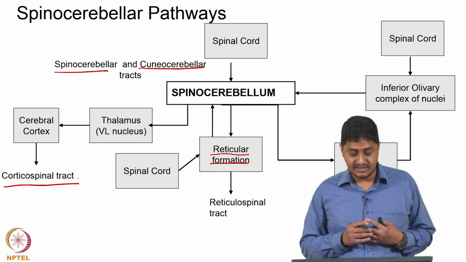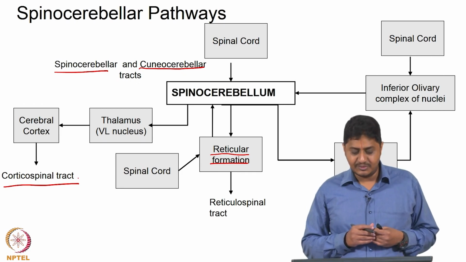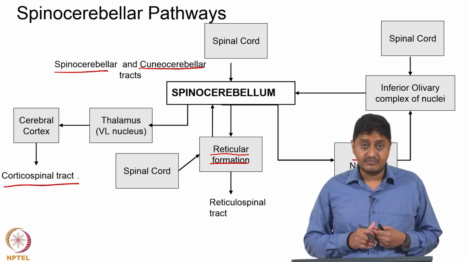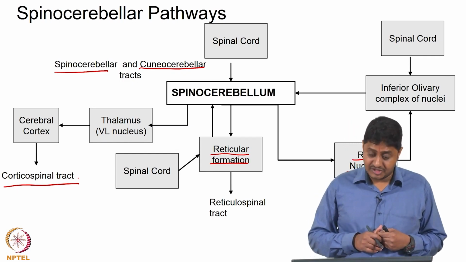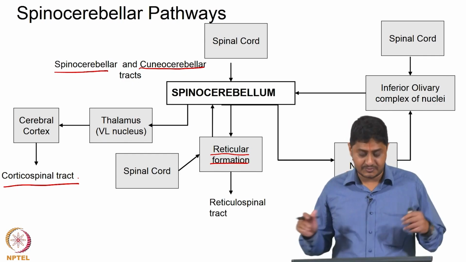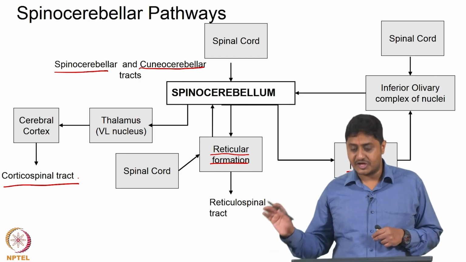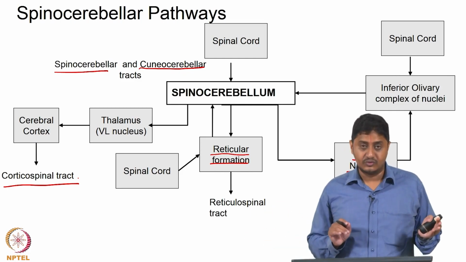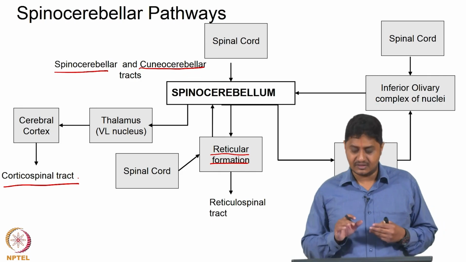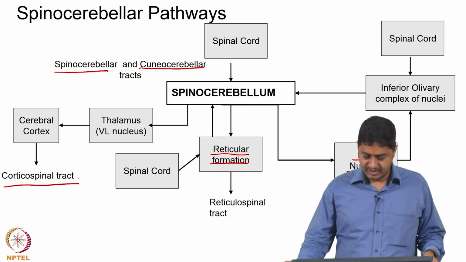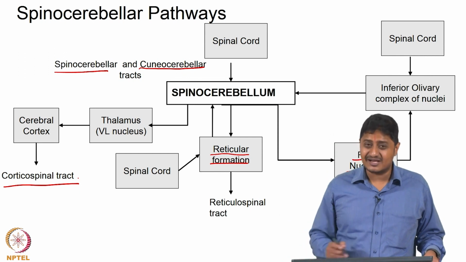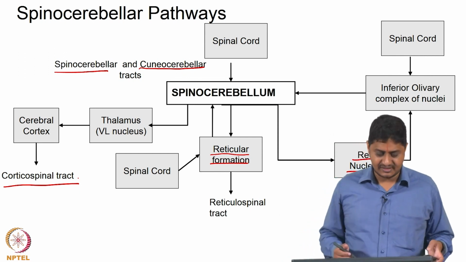So, information is coming in from multiple sources, from spinocerebellar, cuneo-cerebellar tract, from the reticular formation, and the outputs are projected to reticular formation, red nucleus and to thalamus cortex, and the final execution is performed through reticulospinal tract, rubrospinal tract, corticospinal tract, etc.